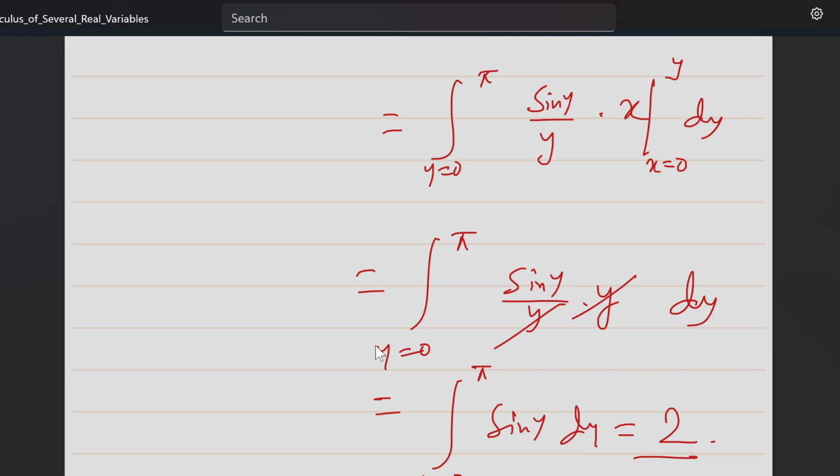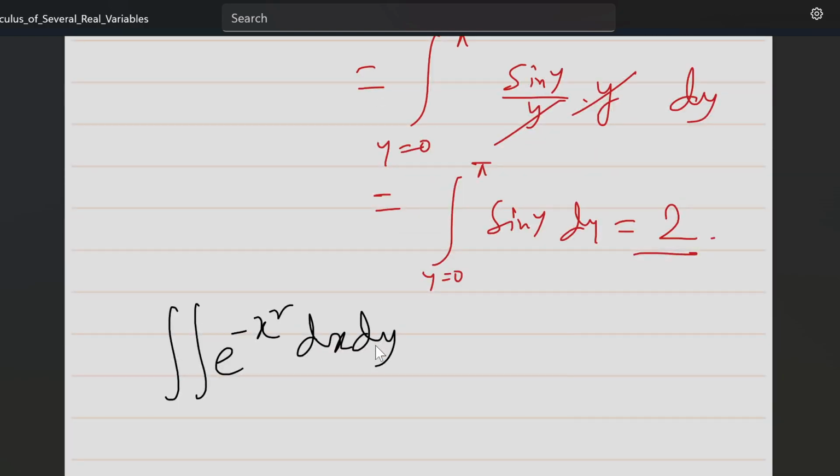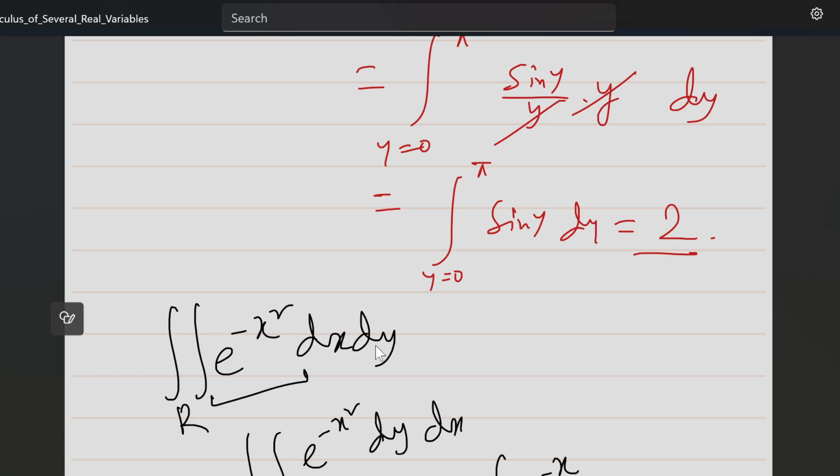Suppose the integral of e power minus x square dx dy, as I told you in the example. This is not possible to solve directly. So what you will do is change the order of integral to dy dx, from some region R to R star. After integrating with respect to y, you will get some x.